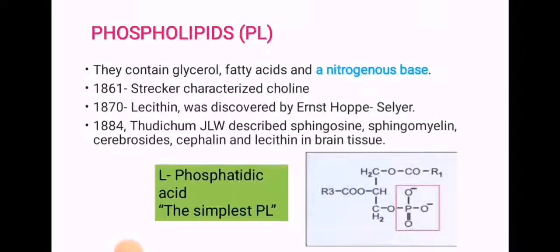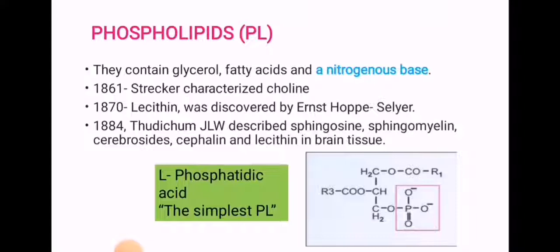phospholipids, otherwise in short form called PL. So they contain glycerol, fatty acids and a nitrogenous base. L-phosphatidic acid is the simplest phospholipid. So what is this L-phosphatidic acid? We'll see later. It was discovered in 1861, that is in the 19th century.